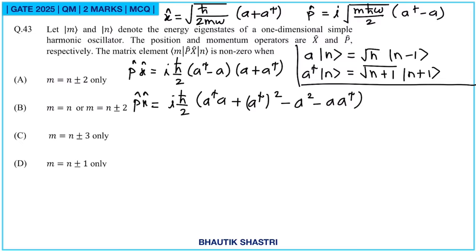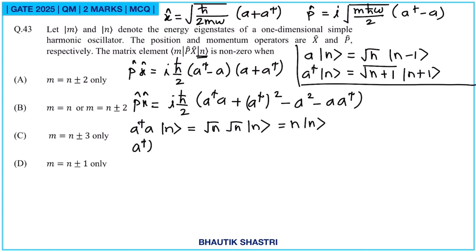So let's operate it on |n>. So first term, a dagger a operated on |n>, that is root n root n, and that will be equal to n.